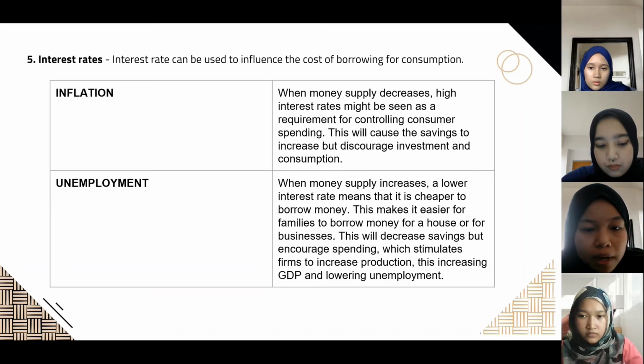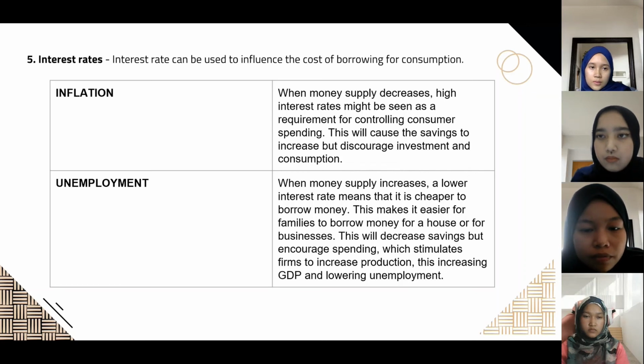And unemployment: when money supply increases, a lower interest rate means that it is cheaper to borrow money. This makes it easier for families to borrow money for a house or for business. This will decrease savings but encourage spending, which stimulates firms to increase production, increasing GDP and lowering unemployment.